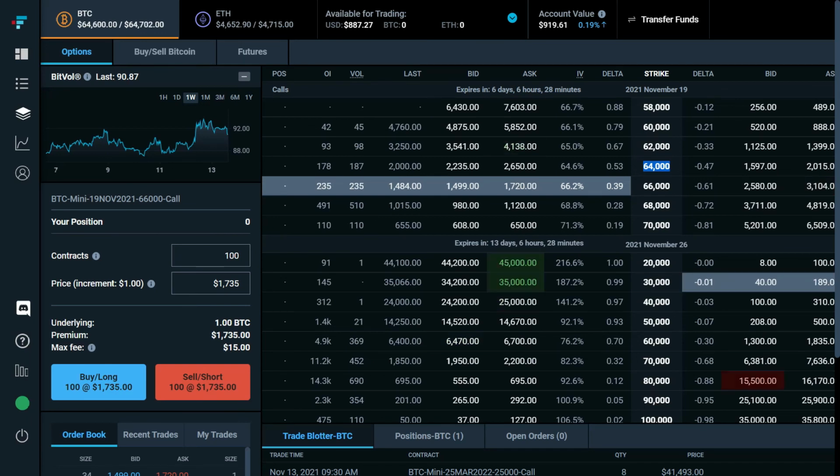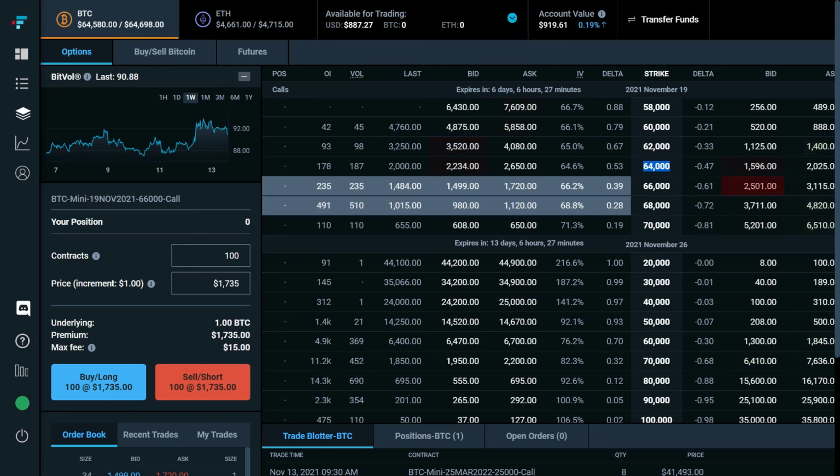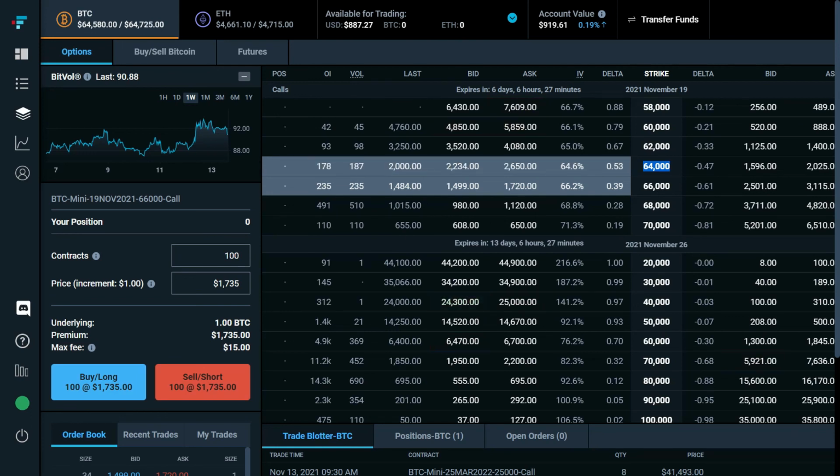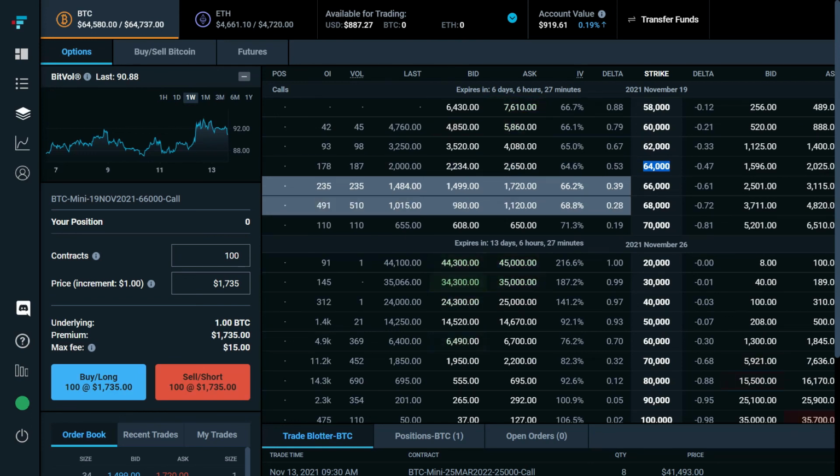The person that sold the contract is going to get assigned those coins. Whereas with a call, the other person is going to sell you those coins. So it's a contract for them to sell you actual Bitcoin. But generally, most contracts don't get executed like that. Usually the contract just gets sold to close.